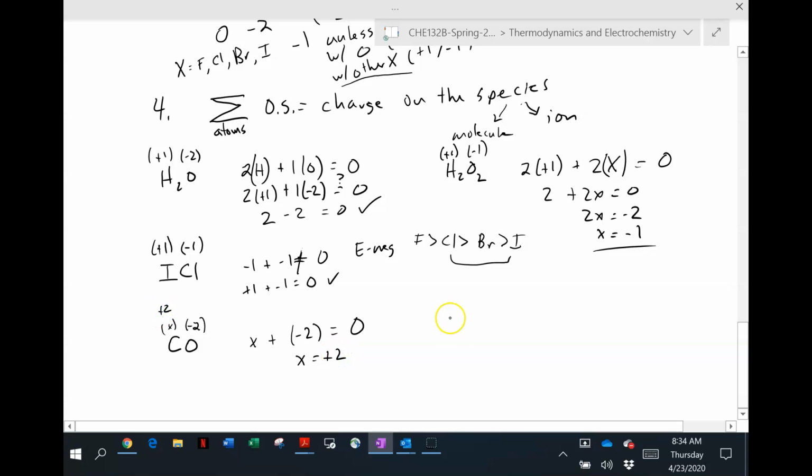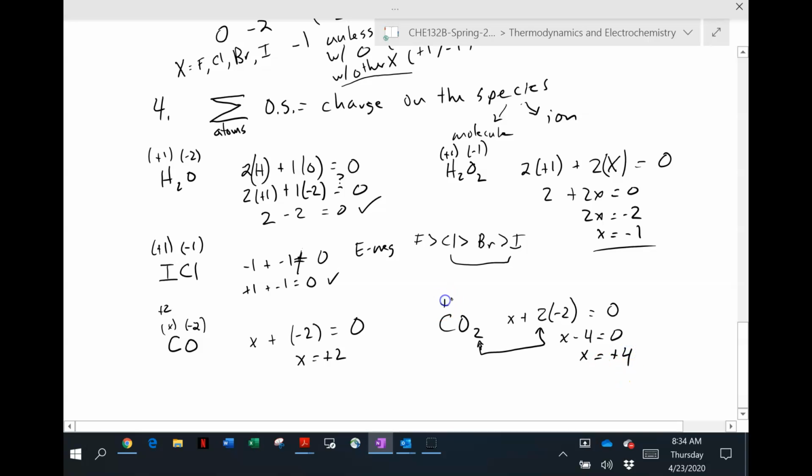Well, let's compare that to CO2. In CO2, our equation is X plus 2 times -2, and that 2 there is what? The 2 there, right? It's equal to 0 still. So X minus 4 equals 0, so X is equal to plus 4.